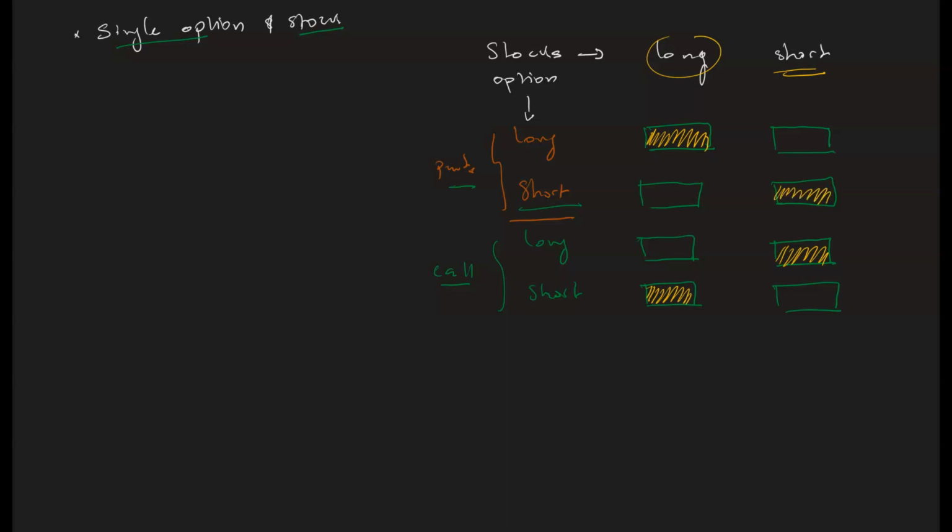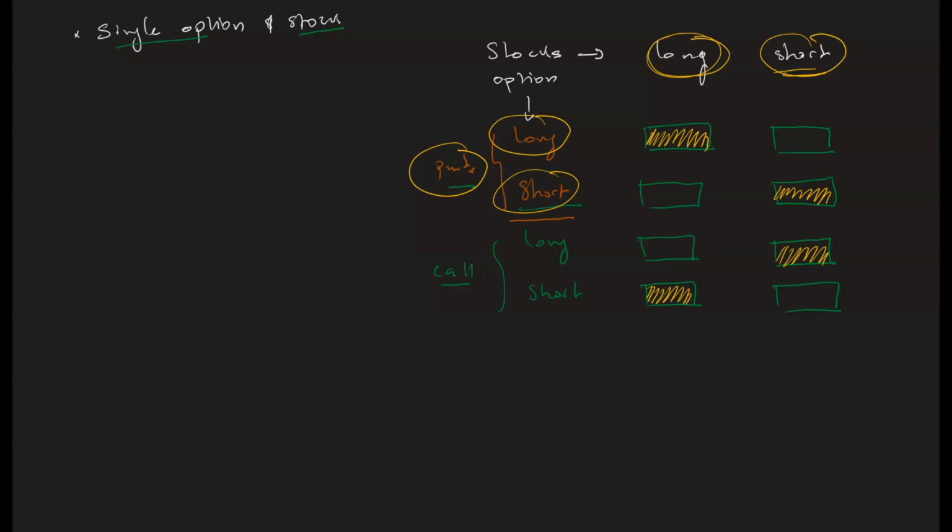You see the asymmetry that we have there. When we're working with the put option, we take the same position in the underlying as we're taking in the option. That is, if we take a long position in the option, we take a long position in the stock. If we take a short position in the option, we take a short position in the stock.